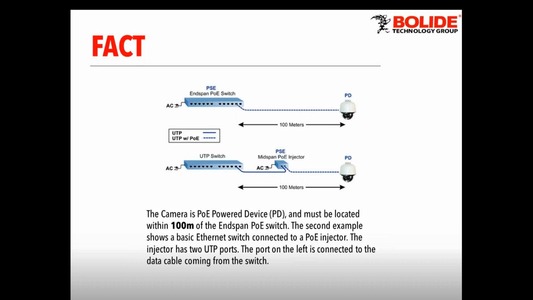One is of an N-span PoE switch, and you can see 100 meters distance. That's it. You're limited. Next, we have a switch and a PoE injector midway through that run. Both runs are only going to get 100 meters. It is not an extender. Either way, if you have it 10 feet from the camera at the end of a 300-foot run, you're still only going to get 300 feet. So keep that in mind.